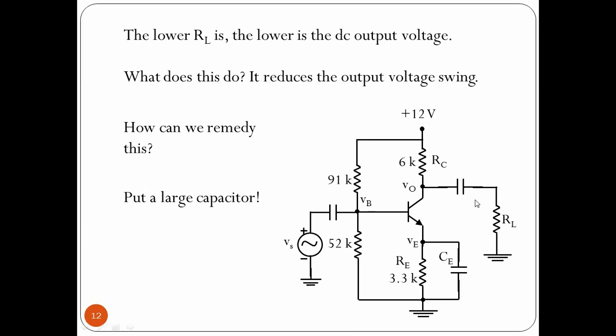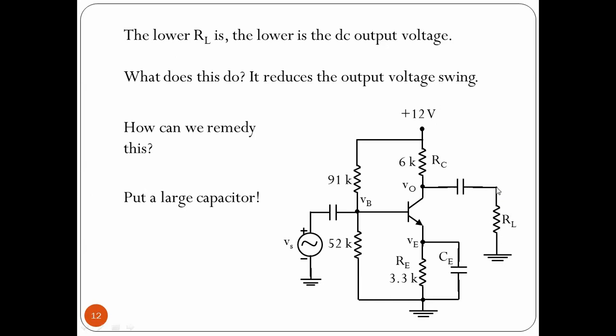So now what happens is, for DC, the capacitor is an open circuit, and therefore whatever RL is does not affect the DC biasing arrangement of the amplifier. For AC, C is large enough and it will act as a short circuit, and so the signal will pass through the capacitor to the load. All right, so this is DC.